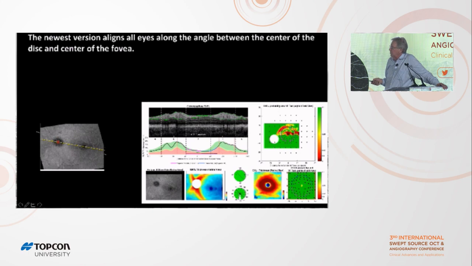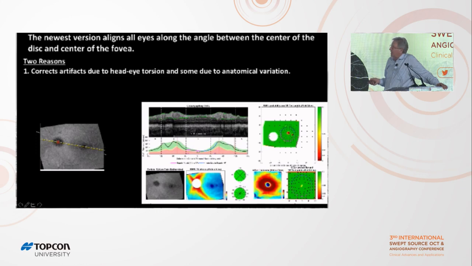There are two reasons for doing this. One is, if you see here, it's getting rid of that artifact. Extreme head and eye rotation can cause artifacts, and this will correct it. In some cases, it will also correct some of the anatomical variations among us.